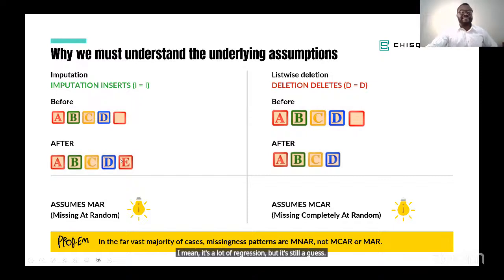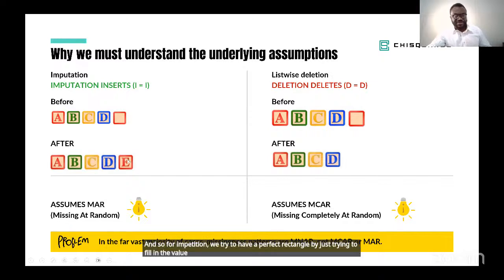And then it fills the value here. So the goal, whether we're deleting or adding, is to have a perfect rectangle, right? For imputation, we try to have a perfect rectangle by filling in the value with an educated guess. With deletion, we just remove the ones with missing values, like we've established.